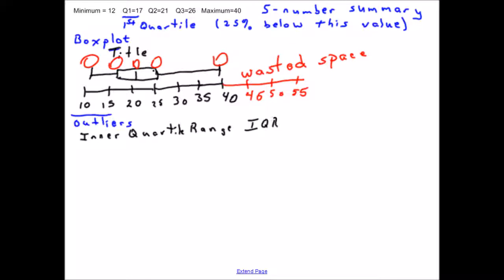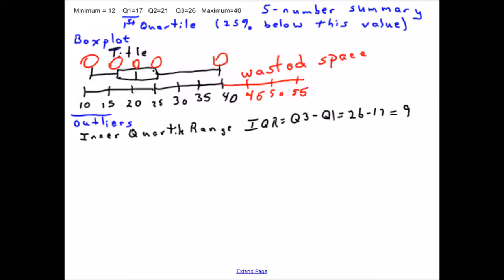It is a range of that middle 50%, Q3 minus Q1. The largest minus the smallest value for the middle 50%. Our data set, that is 26 minus 17, which is 9.